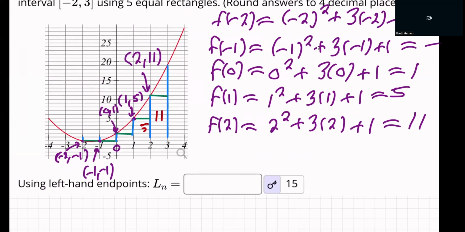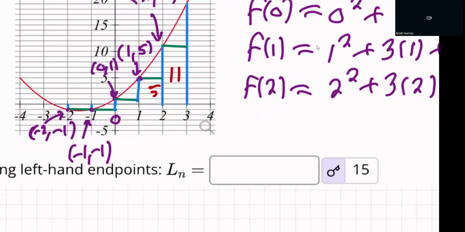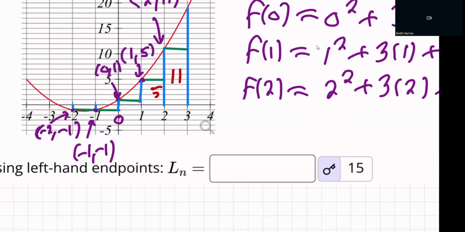Okay. All right. And so here we go. This one was 5 because it was up at a height of 5 from the x-axis. This rectangle is up at 11.